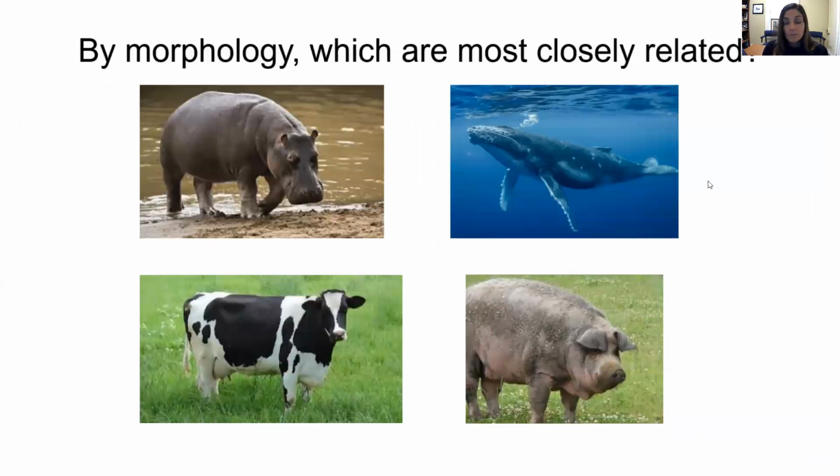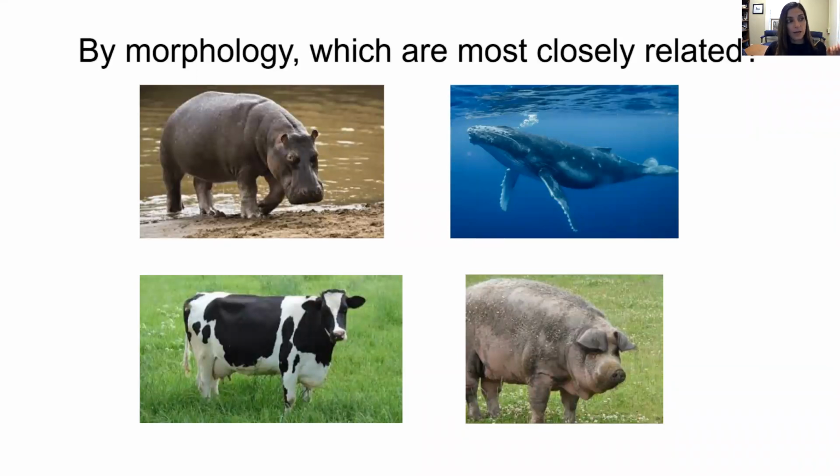And most of the time now, both are used. But this is an example of how if we only look at morphology, we can get an incomplete picture. So look at these four, and based just on morphology, which two do you think would be most closely related? Or which ones do you think would be most closely related?